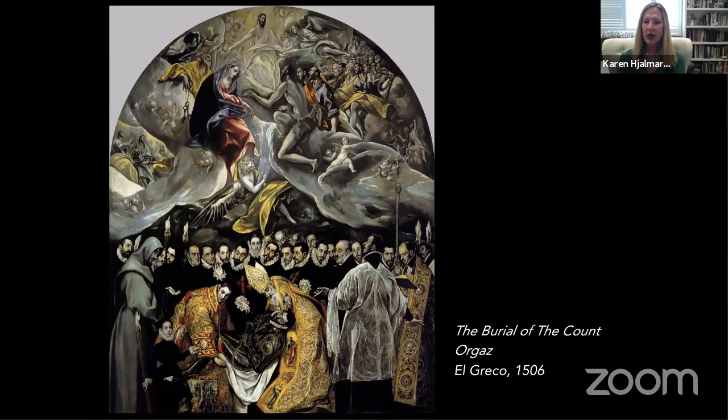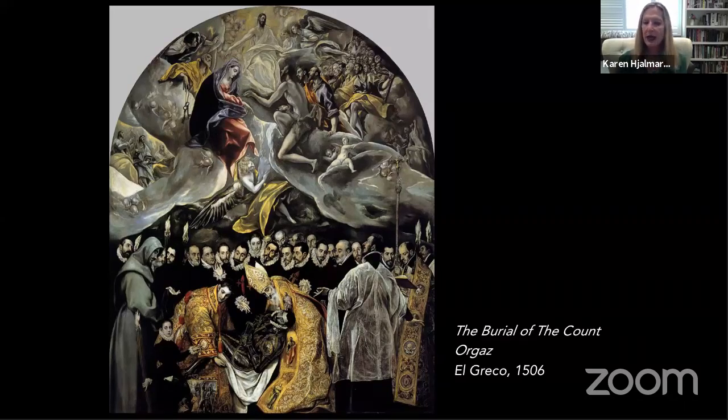Count Orgaz was a very important knight, benefactor, religious figure. He was a great philanthropist, and he gave a lot of money to a particular church, the Church of Santo Tomé in Toledo. And what happened is the church absorbed this great amount of money, and they didn't do anything to recognize or thank the count.